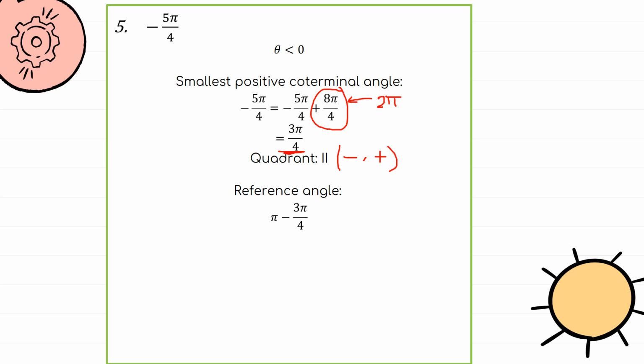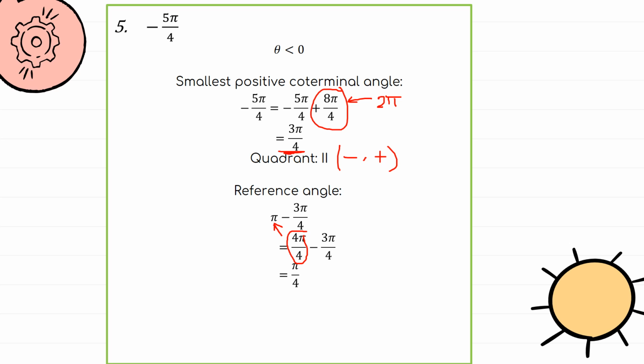So pi minus 3 pi over 4, we can rewrite it as 4 pi over 4 minus 3 pi over 4. Remember, yung 4 pi over 4, that is simply pi. Ginawa natin siyang 4 pi over 4 para mas madali nating masubtract. And therefore, makuha natin yung reference angle na pi over 4.